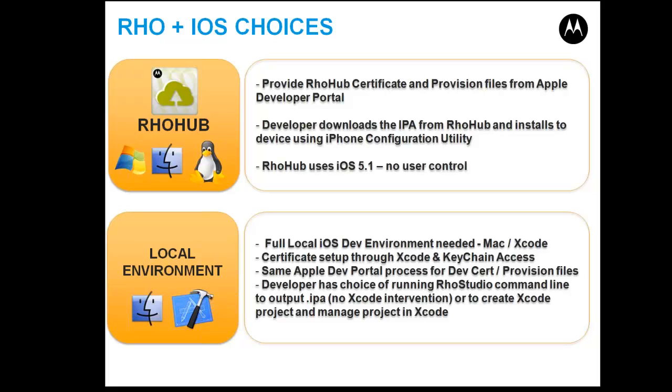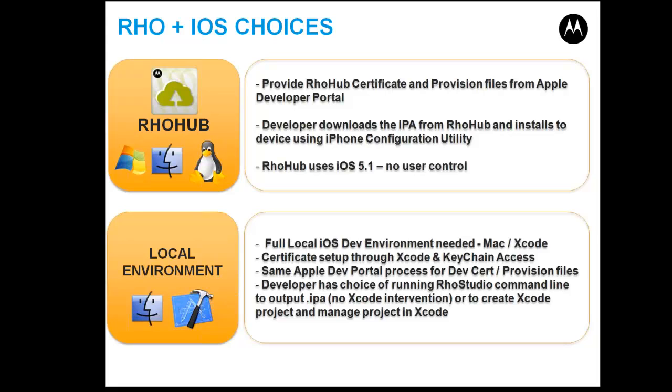I can even, part of the process, and I'll talk about this more in detail in a second, is about certificates and provision files. These are things that Apple requires from a developer point of view and also a deployment point of view to enable the applications to work on devices, right? So you can do this all from Windows, and what you essentially provide to RhoHub is two things.